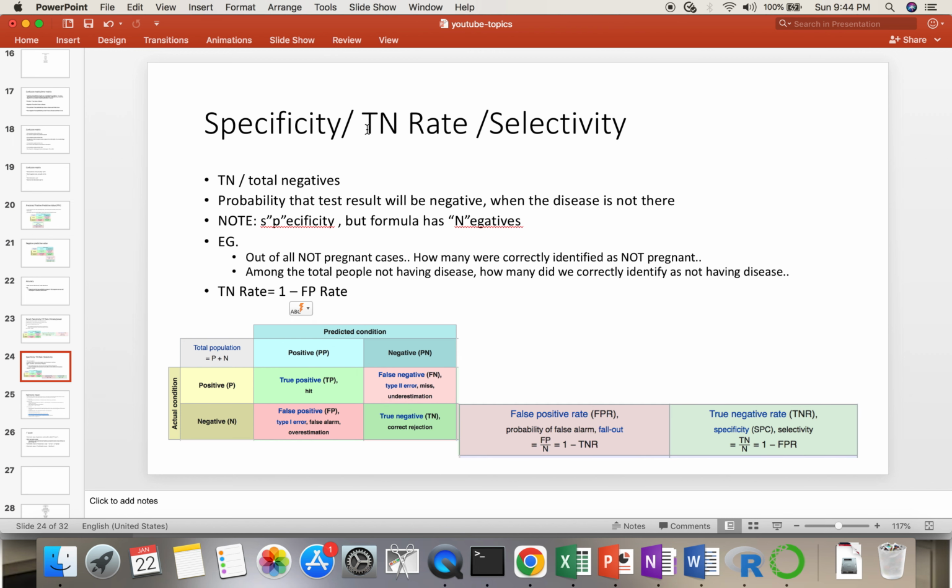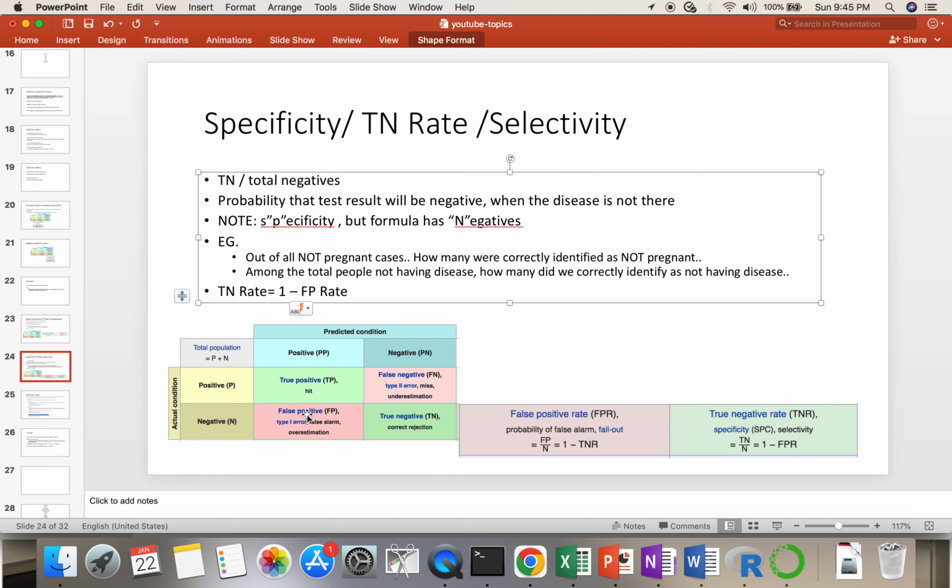Specificity, also called true negative rate, also called selectivity. Specificity means, out of all the negatives, how many did we correctly identify as negative? Out of the total actual negatives, how many did we correctly identify as negative? The sum of these two will be the total actual negatives.